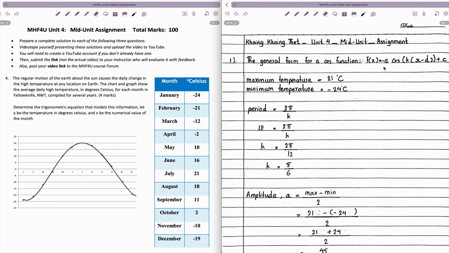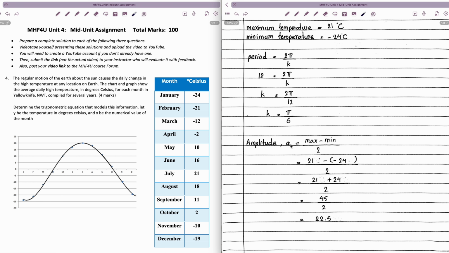So we'll find A, K, D, and C. First we'll find K. The equation of the period is 2 pi by K, and the period is 12 months. So 12 equals 2 pi by K, and we'll find the value of K is pi by 6.